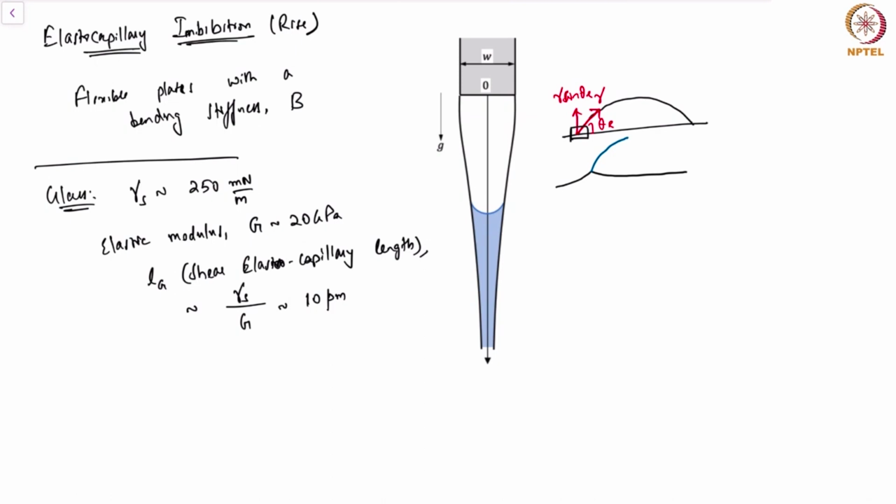If you take, let's say, copper, then the surface tension is again comparable. It's around, instead of 250 millinewton, it's around 1.8 or 2 newton per meter. But the elastic modulus goes up even more, and therefore this length scale Lg is again around tens of picometers, right?